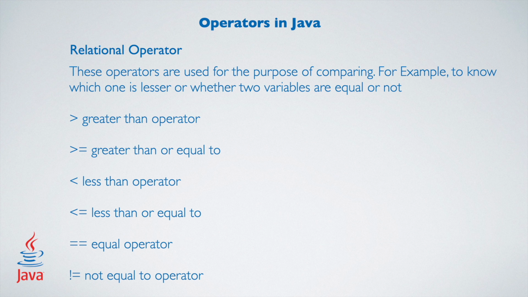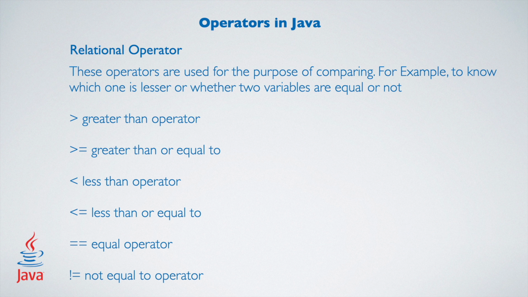Next operator is relational operator. These operators are used for purpose of comparing. For example, if we are comparing two variables, suppose we have two variables A and variable B, then if we are checking if A is greater than B, so we will use relational operator, and here greater than is a relational operator.